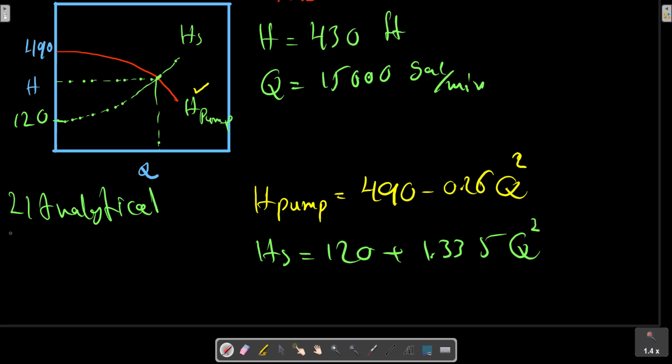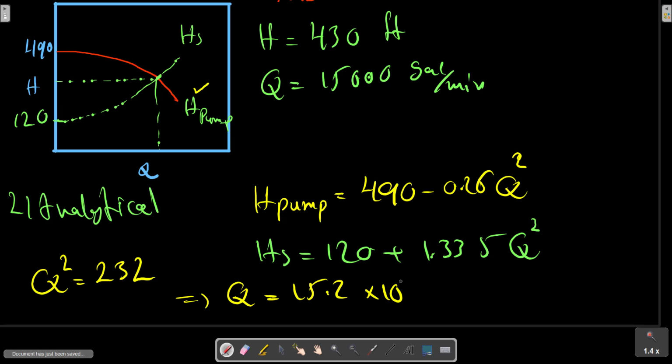With making an equality, we can obtain Q square equal to this quantity, and Q is obtained likely this quantity. With the same, we can replace Q in each one of these equations and obtain the head of the operation point, the head of the pump.